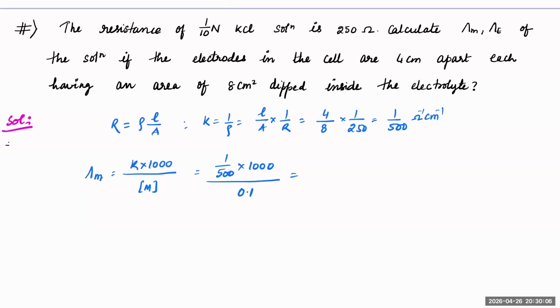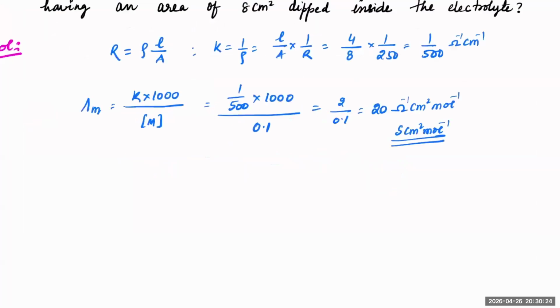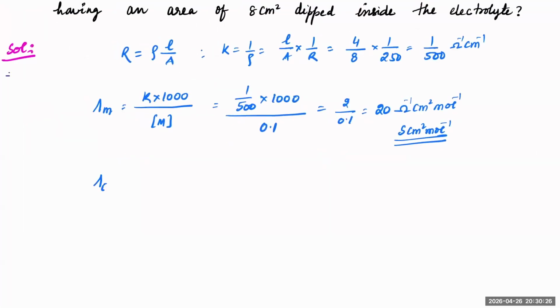So that makes it 2 divided by 0.1, which is 20. So 20 ohm inverse centimeter square mole inverse, or Siemens centimeter square mole inverse. So that is the units of it. So this is about lambda m. Lambda m and lambda e will be the same for this case. So that is also 20 Siemens centimeter square equivalent inverse.